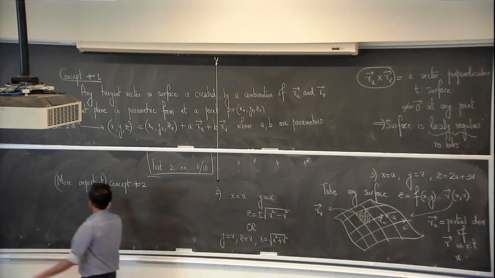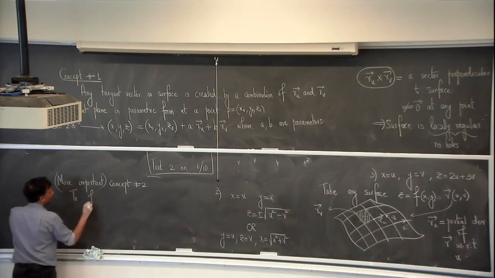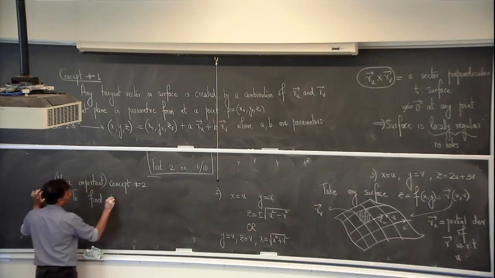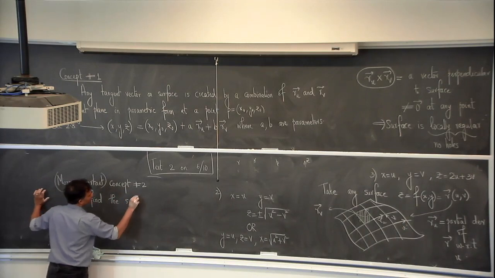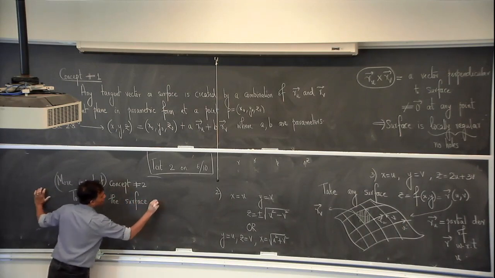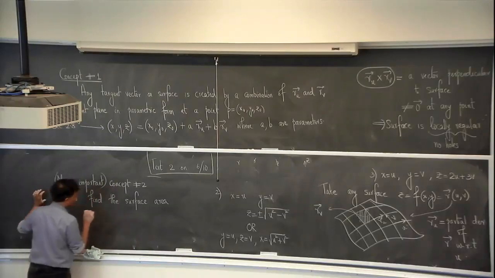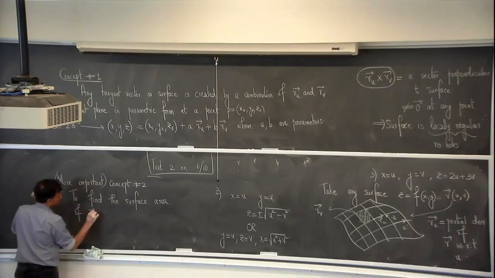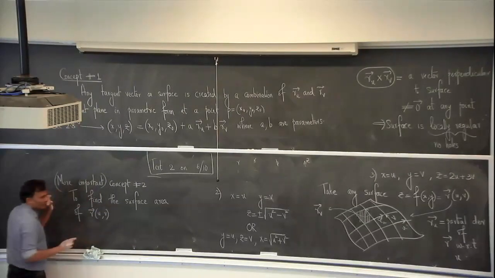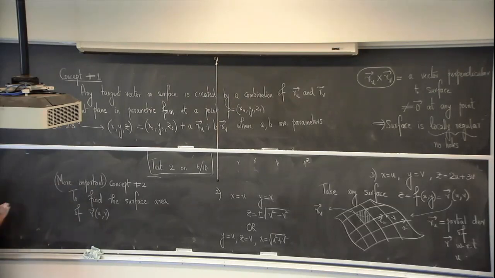So to find the surface area of this parametric surface, just take one of those small parallelograms. You know the sides, this is Ru and this is Rv.